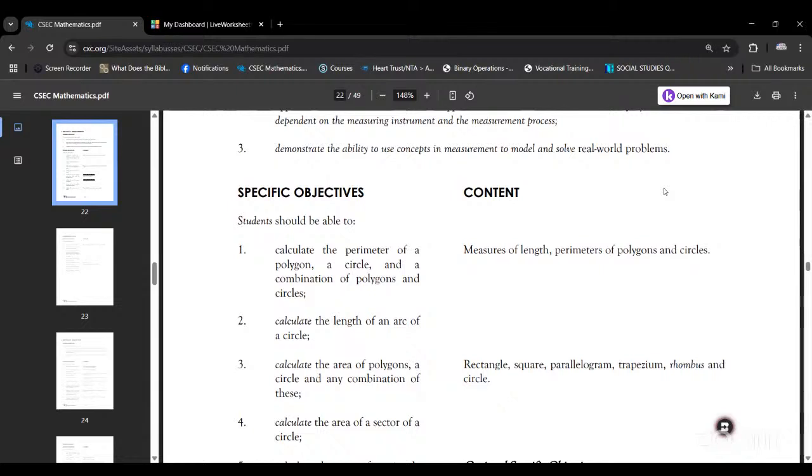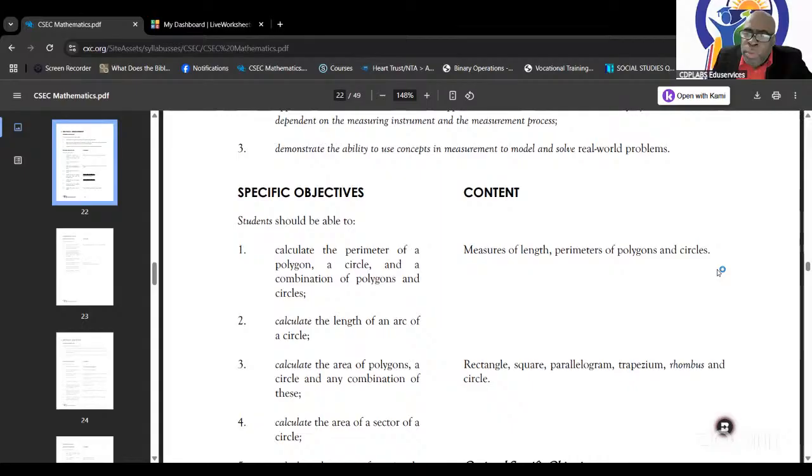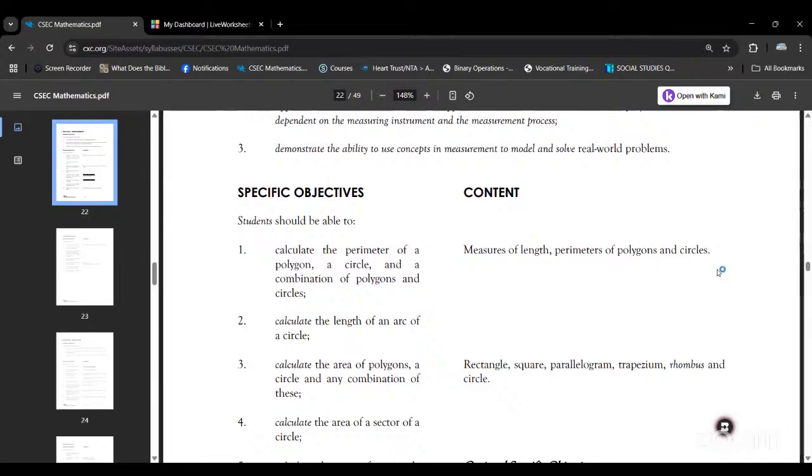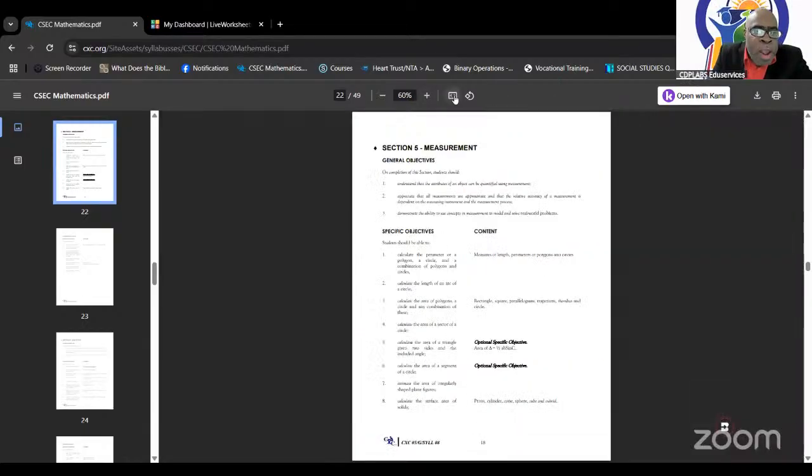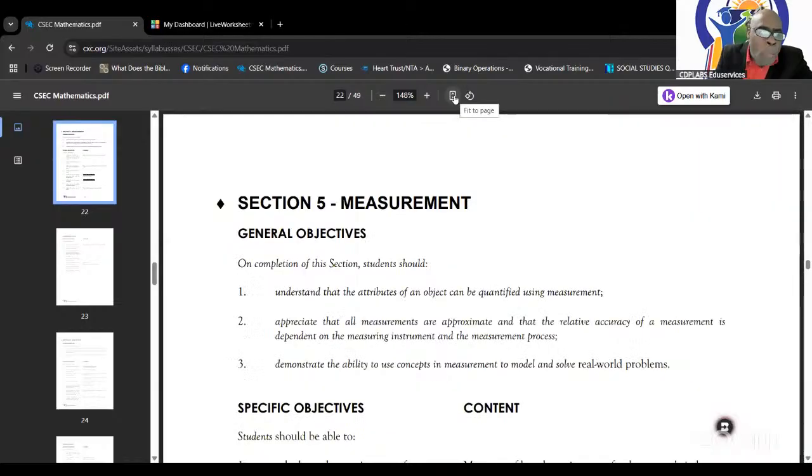Yes, sir. Now, what does the concept or the word perimeter actually mean? The distance around. Distance around. Okay. And how will you find the distance around? By adding all the sides.